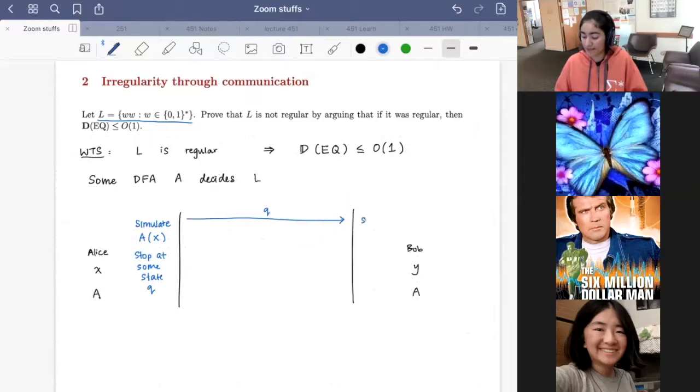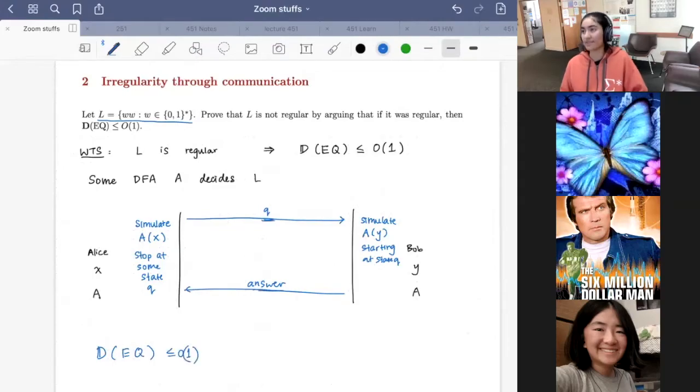And now Bob can simulate A of Y starting at state Q, basically where Alice left off. And whatever the answer is, accept, reject, 0 or 1, it takes 1 bit to send over whatever the answer was back to Alice, and they both have the answer now. And we just decided the equality function in a constant number of bits, because this is just 1 bit. Cool. Any questions about that?